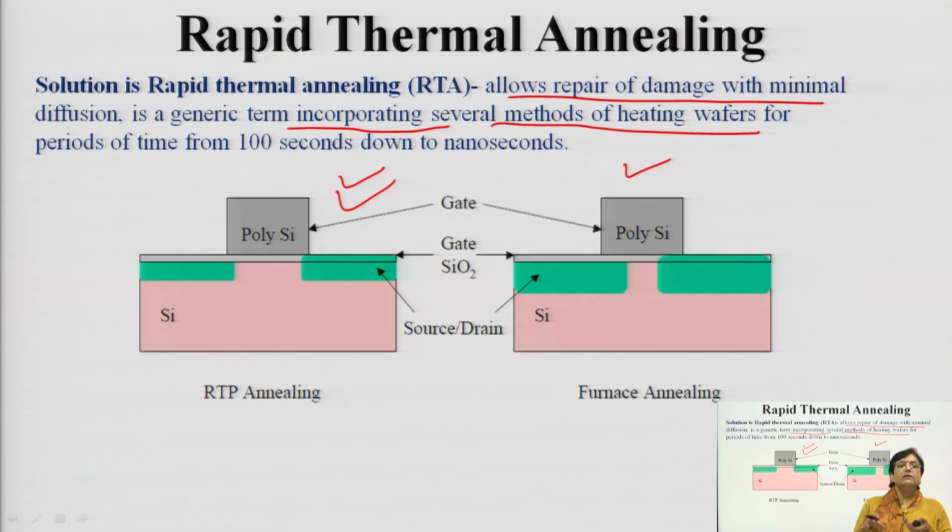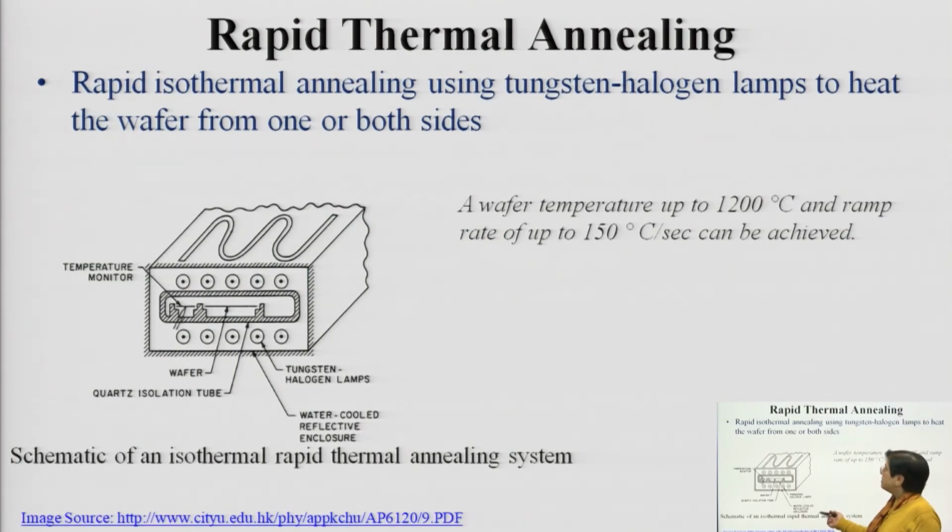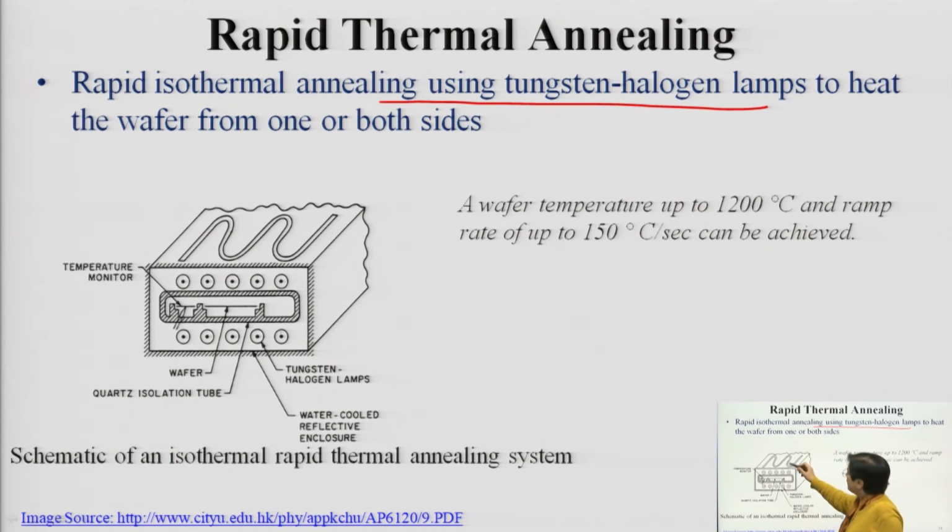But annealing in a furnace has its own plus and minus points, and rapid thermal annealing has plus and minus points. So, let us see what those are. In rapid thermal annealing, this is the chamber where you are using an isothermal annealing process. You have tungsten halogen lamps heating the wafers from both sides.